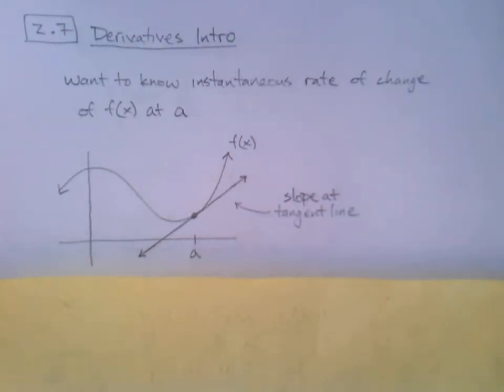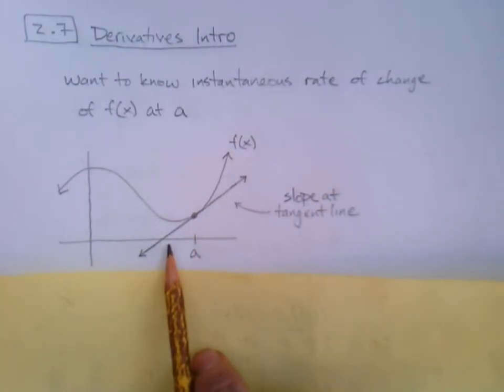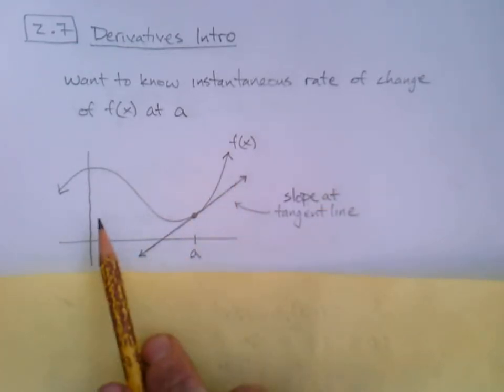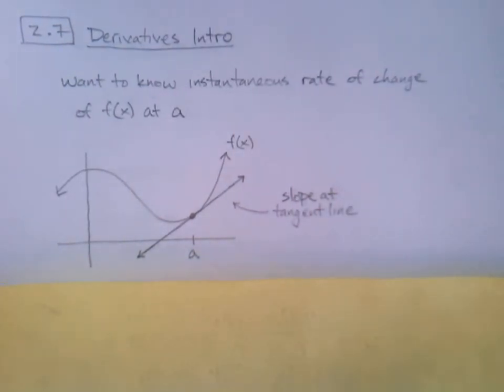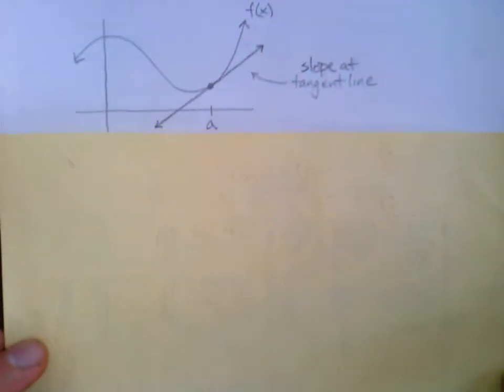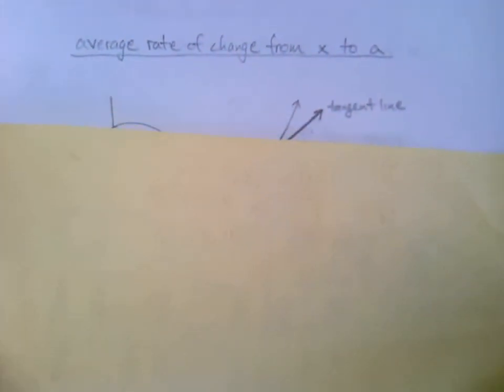Okay, so how can we even begin to start to figure out the slope of such a tangent line for a function at any given location? So we're going to think back, actually go back beyond pre-calc, way back to algebra, where we first learned about slope. Okay, so here's another drawing.